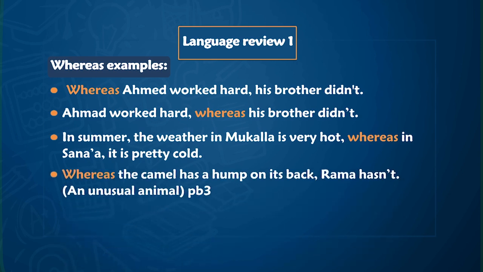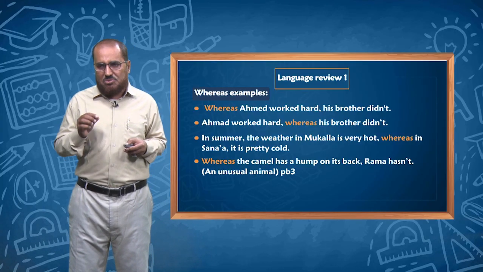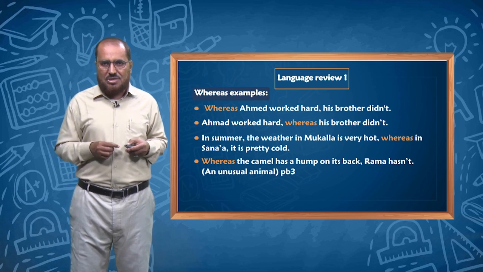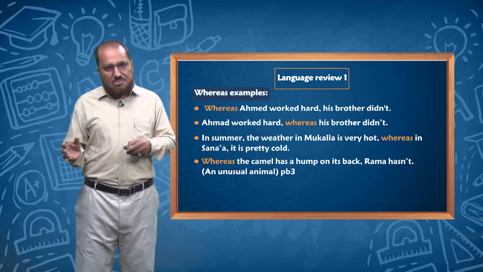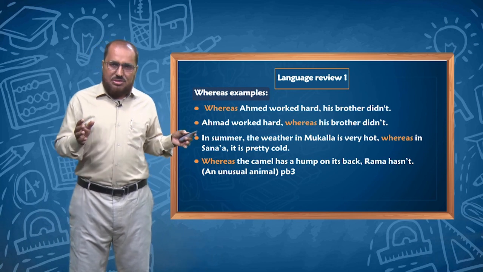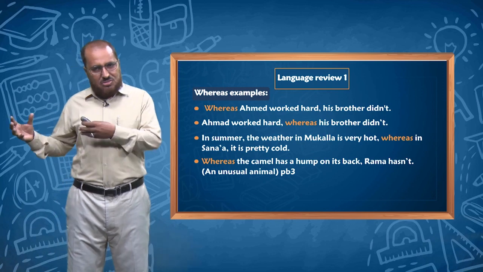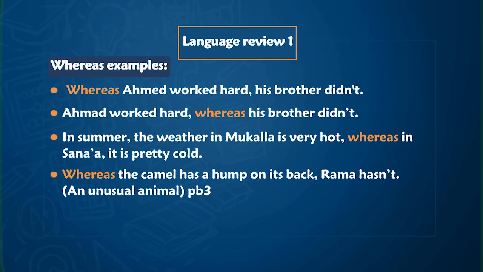Whereas the camel has a hump on its back, Rama hasn't. This is quoted from the Unusual Animal book, page 3. In your books you can find this example. Comparing the Rama, do you remember the Rama and the camel? The crisscross between the camel from Arab countries and the llama from the Western countries gives us Rama.